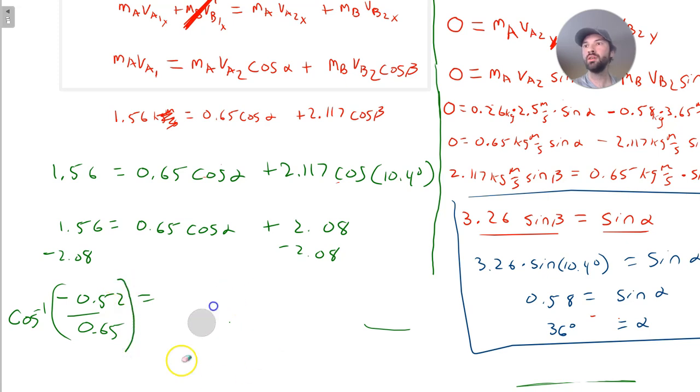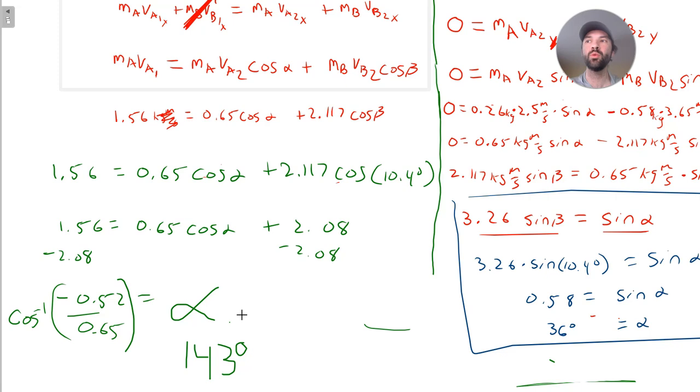And let's plug it in. Cosine to the negative 1 of negative 0.52 divided by 0.65. And what do we find? My pen decided to freeze, so I'm sorry, I have to do this with a mouse. We find an angle of 143 degrees.